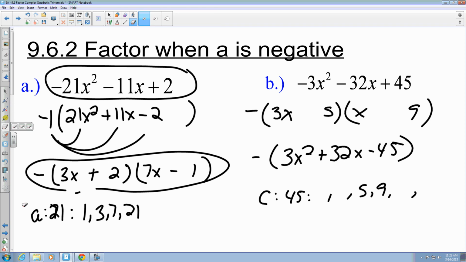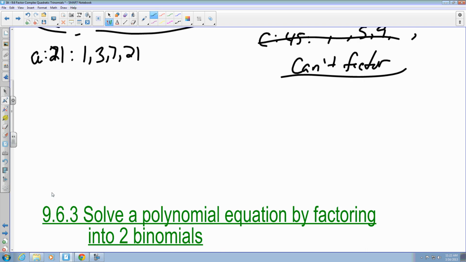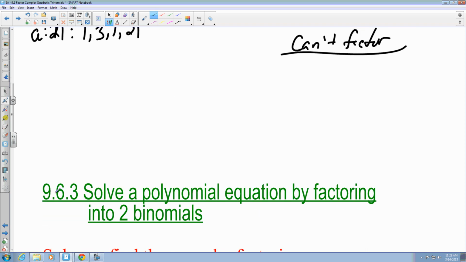That doesn't work. The last thing I can do is put 9 and 5. So that's going to be 15 minus 9, which gives me 6. So none of the combinations work. If none of the combinations work, you can't factor it, at least not into whole numbers.